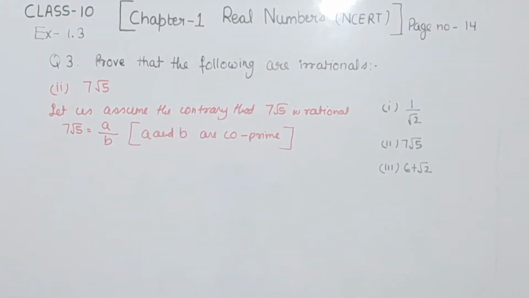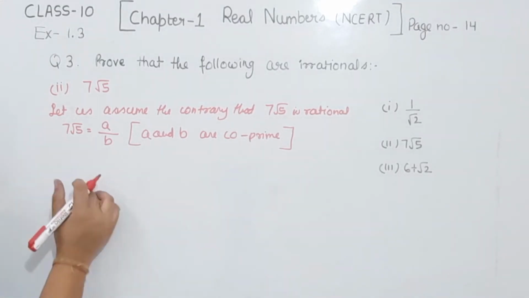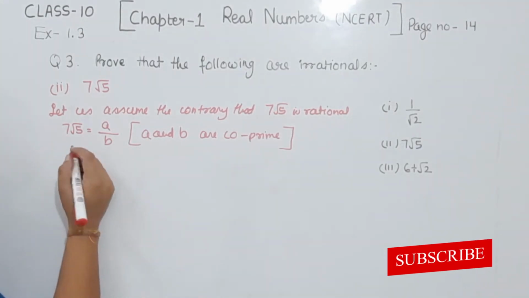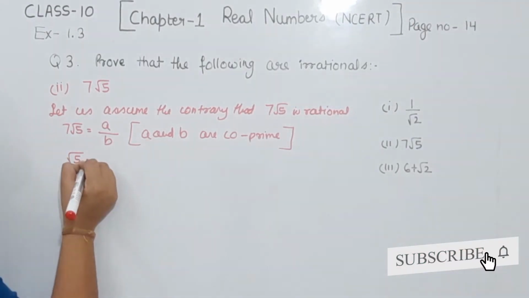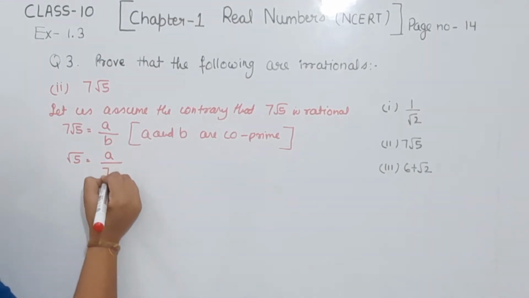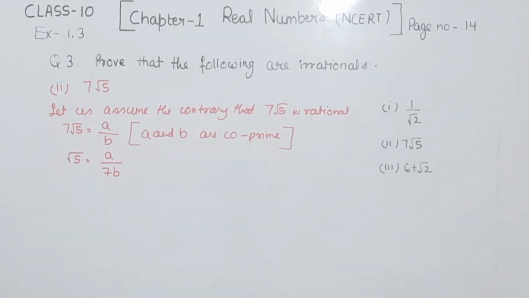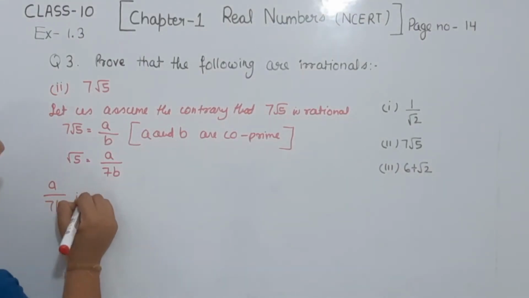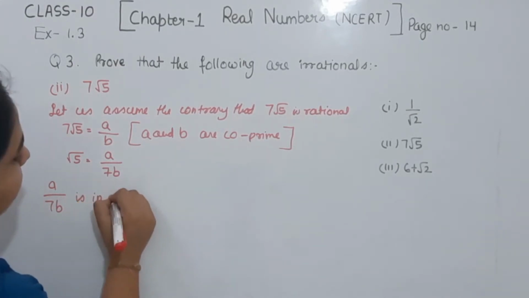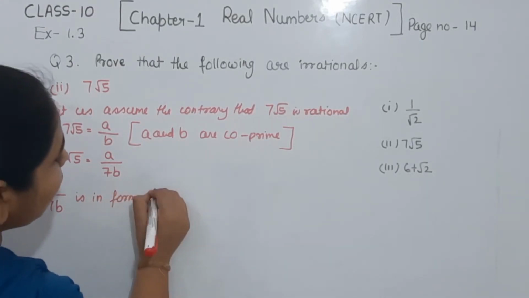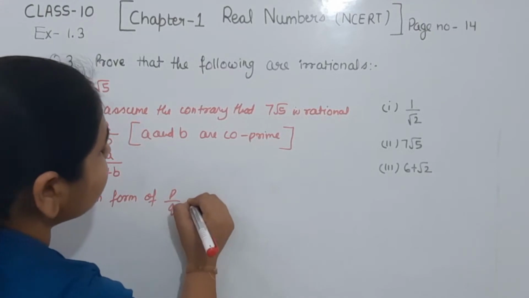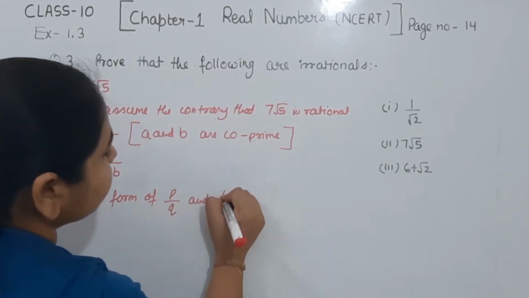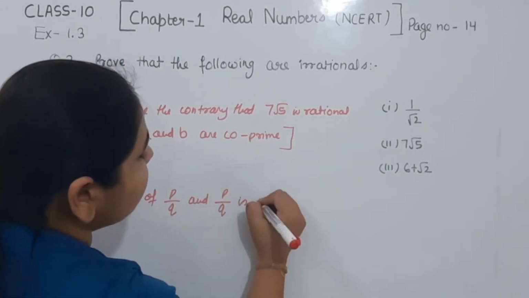Now we transpose this 7 from the left hand side to the right hand side. So we have root 5 equal to a by 7b. This a by 7b is in the form of p by q, and p by q is a rational number.